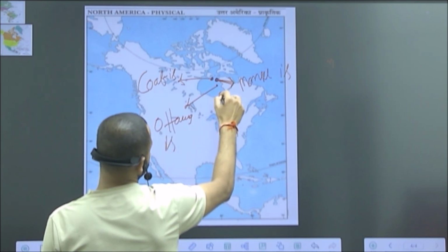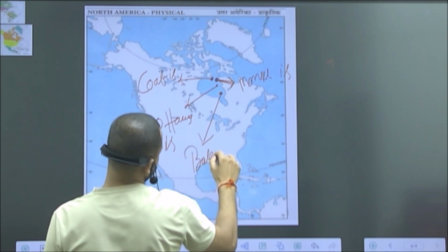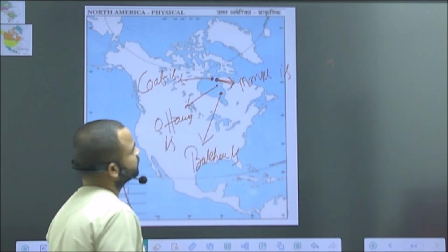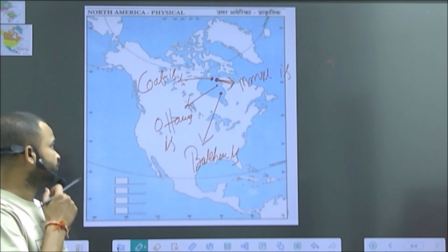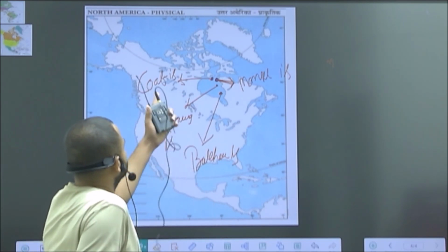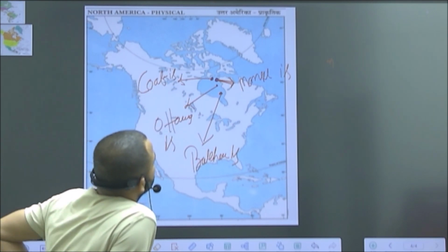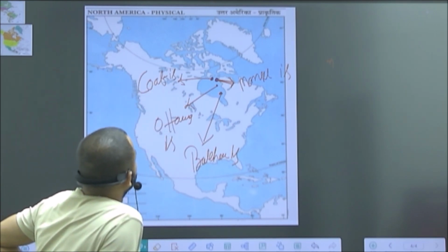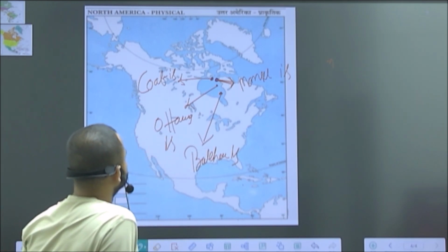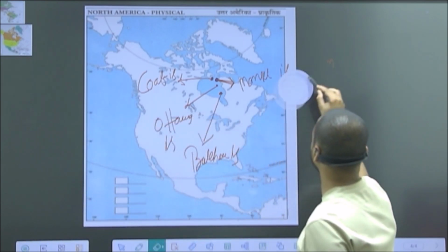This island is known as Belcher Island. So these are islands which are situated in sequence. The northernmost is Coat Island, then in the south of Coat Island is located Mansell Island, then Ottawa Island and Belcher Island.